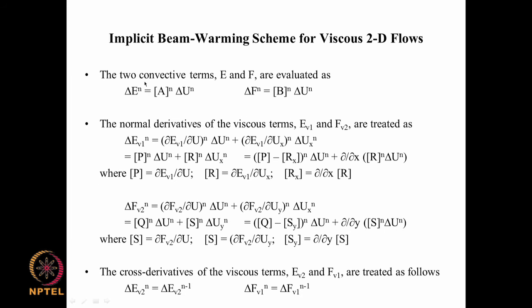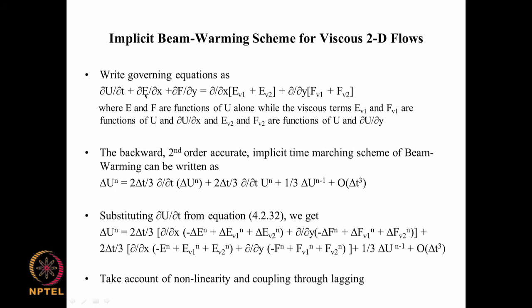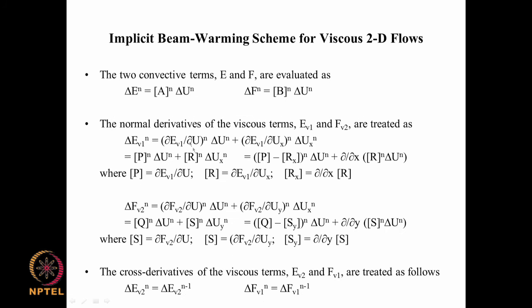So here you have E and F. You also have EV1 and EV2 and FV1 and FV2. Each of these is treated in a specific way. So we have delta E n written as A n delta U n, and delta F n written as B n delta U n. And why are we writing like this?